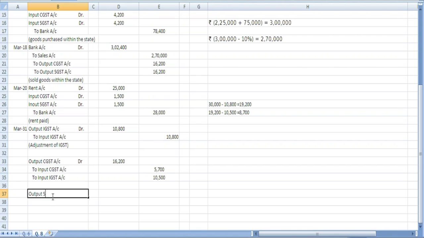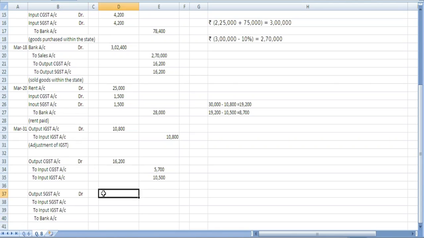Output SGST account debit to input SGST account, to input IGST account, and then remaining will be to bank account.